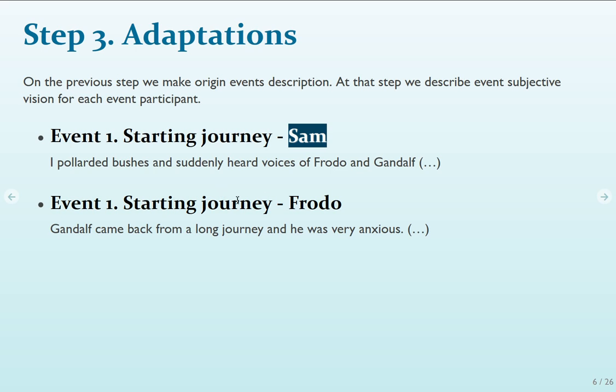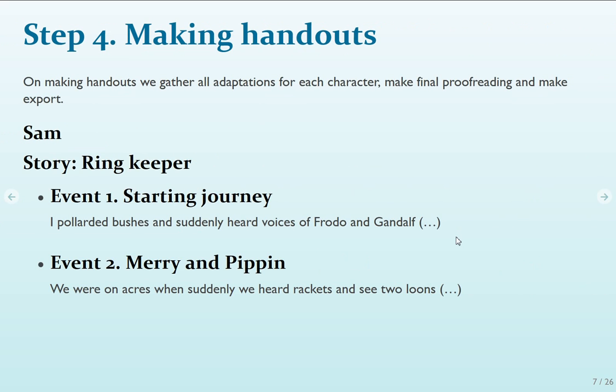Event 1, starting journey, for Frodo: Gandalf came back from a long journey and he was very anxious. And actually there should be a description for Gandalf too. So we need to make these adaptations for all characters of all stories and events. And when we finish this step, we proceed with handouts.